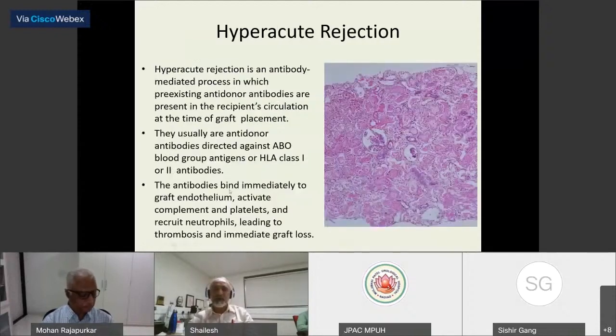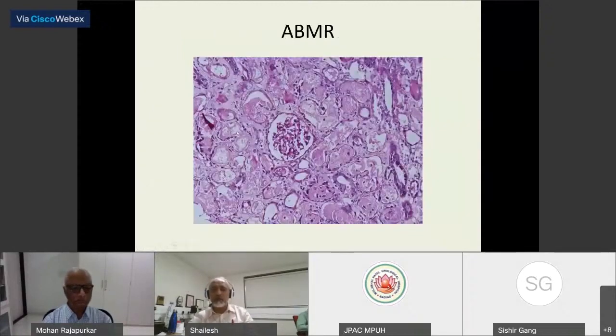First is hyperacute rejection. It is basically due to pre-existing antibodies, most commonly either blood group antigen or an antibody to class 1 or class 2 antigens. In that, there is a block of antibody reacting with the vessel wall, and there is complete ischemia, cortical necrosis, with loss of renal architecture.